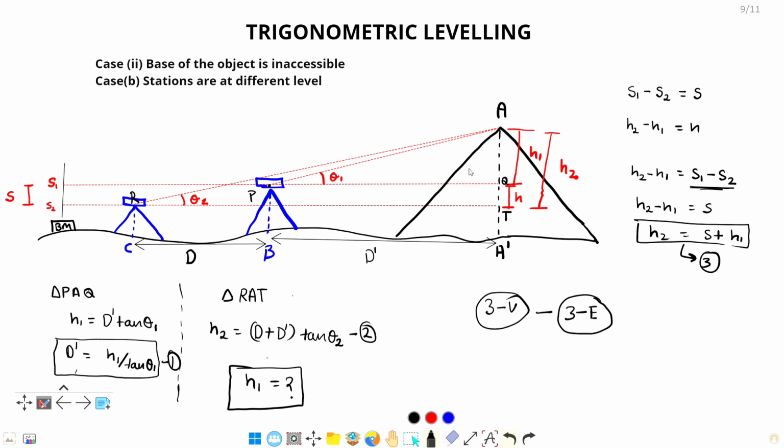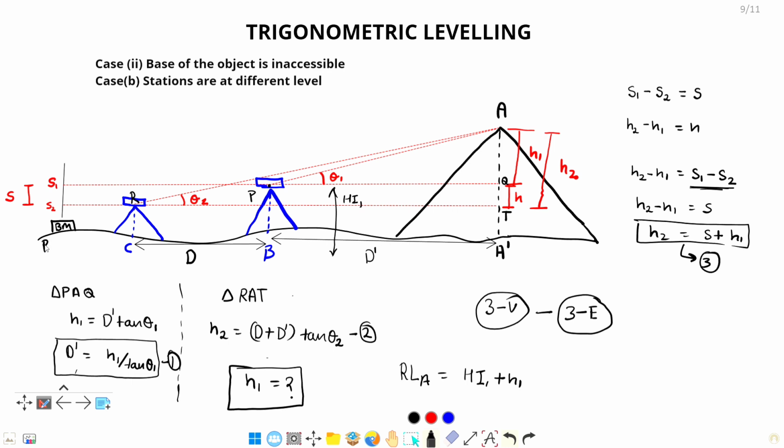That RL of A will be the height of instrument of this position, position B, HIB, plus H1. I am writing it here. RL of A will be this height of instrument, I am naming it HI1, plus H1. And HI1 will be what?